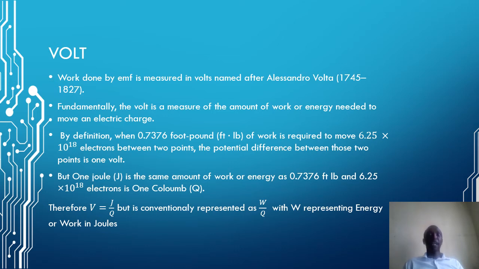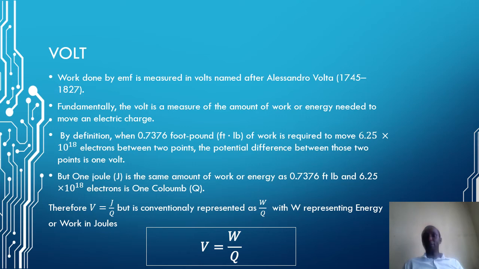Therefore, the volt, denoted by V, is equivalent to 1 joule per 1 coulomb of charge, and this is conventionally represented by W over Q, where W represents the energy or the work in joules. Through that we have arrived at our first formula, which is V = W/Q.